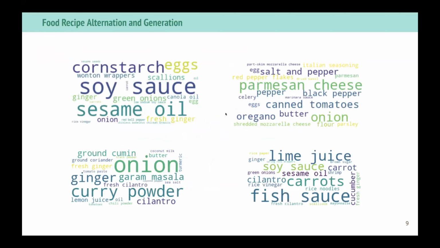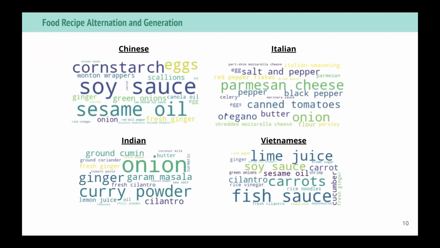There are 4 different word clouds. Based on those word clouds, we can take a guess which cuisine style each is coming from. It's pretty simple actually. We can see the result here. The first one is Chinese. You can see in Chinese cuisine, they use the soy sauce, sesame oil, and for the Italian, the Parmesan cheese. And they love the canned tomatoes.